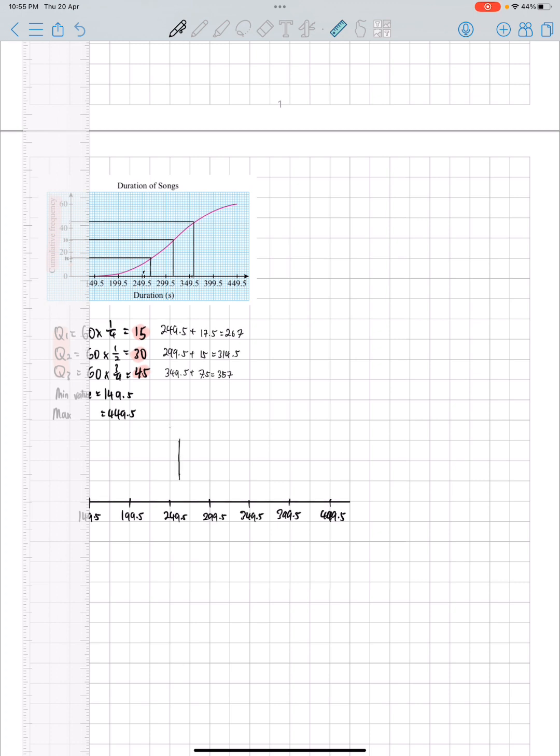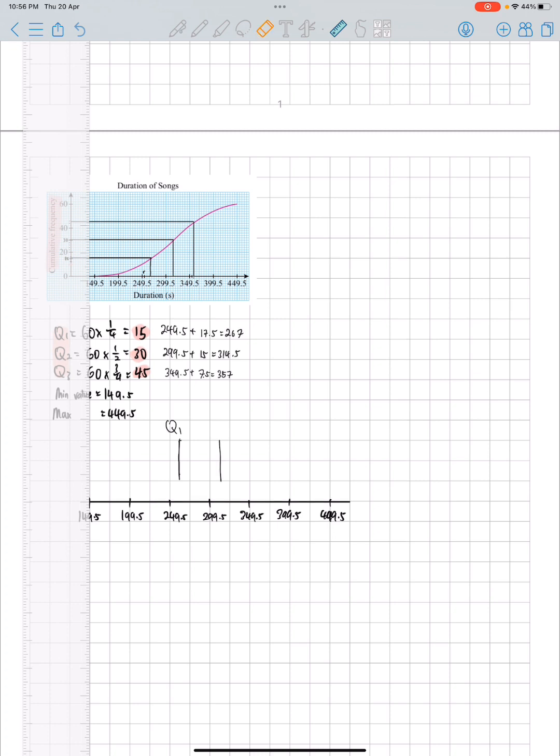Okay, this is 267, which is quartile 1. And 314.5 is right here.